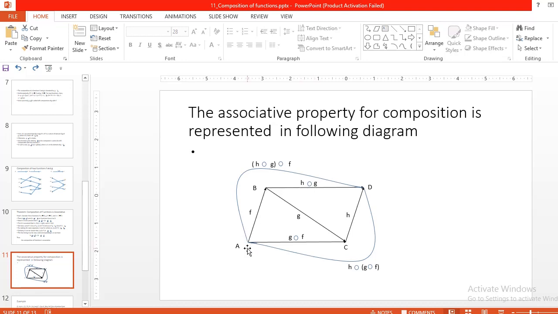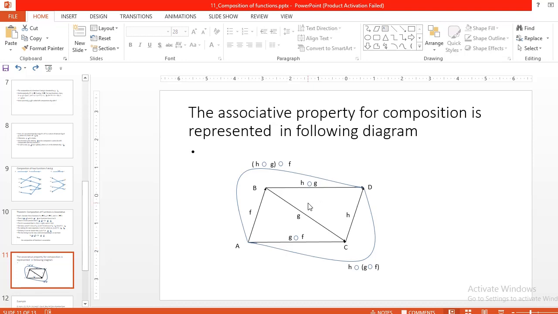Similarly, see here from A to B there is a function f, and from B to C there is a function g. So the composition of the functions from A to C will be g composition f, that is, the composition of the functions f and g. So there is a composition of two functions.